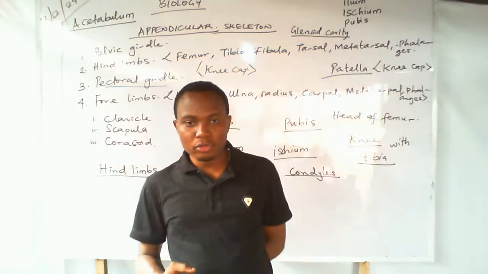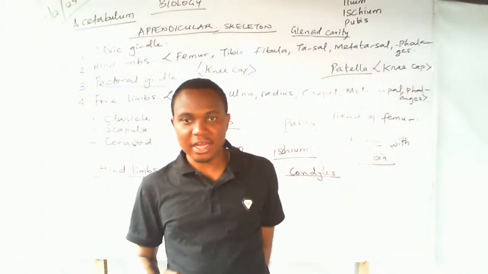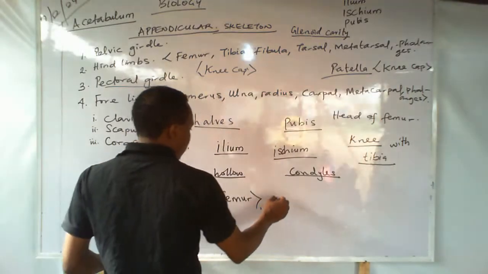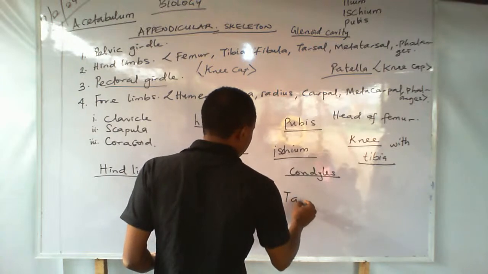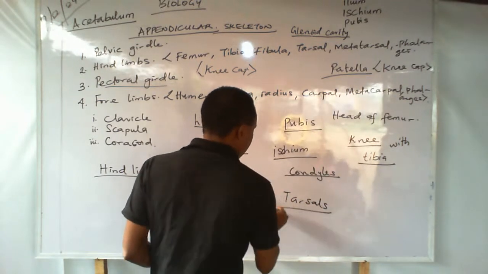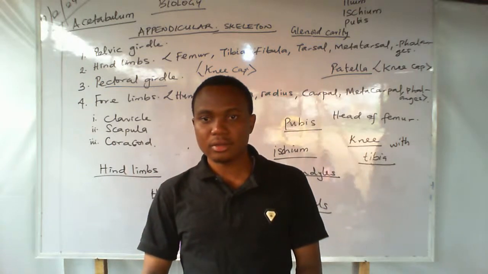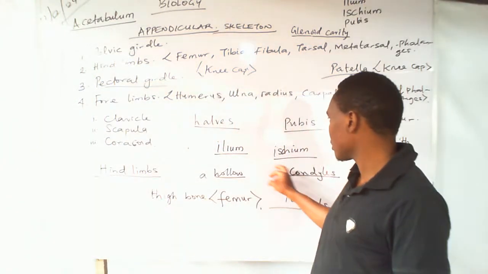the ankle bones called the tarsals. They are followed by the ankle bones called the what? Tarsals. So there are sets of several bones, called the tarsal.